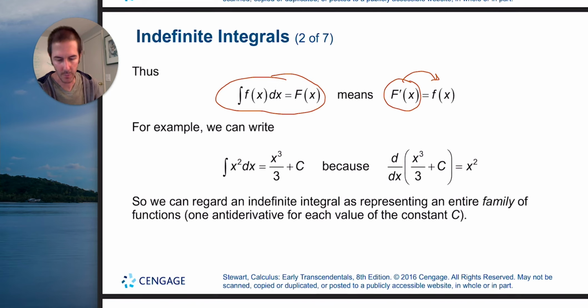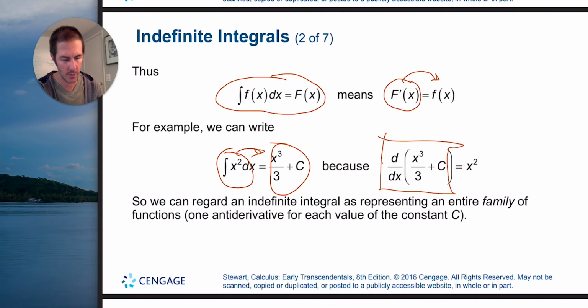And then here's an example. We've taken x squared, we've integrated it, we've gotten this family of functions, x to the third over 3 plus an unknown constant value. And then if we were to take the derivative of that new function, we would end up with the original expression x squared again.